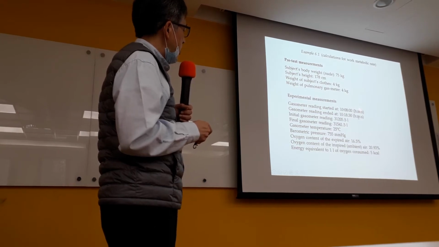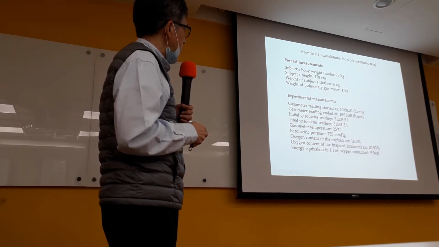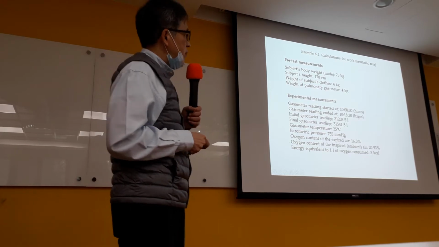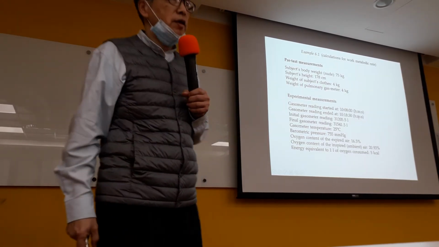Within 10 minutes, then you collected so much air, so much volume, so much gas. And the temperature at that moment is 25 degrees. Barometric pressure is 755. So obviously this place is not at the sea level, I think.